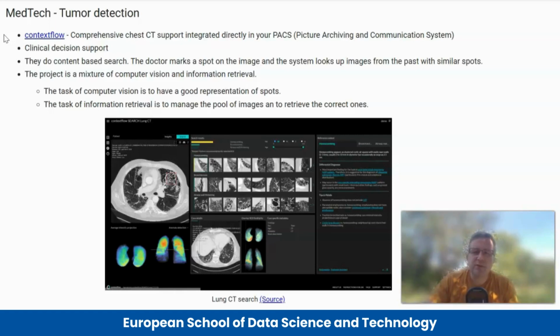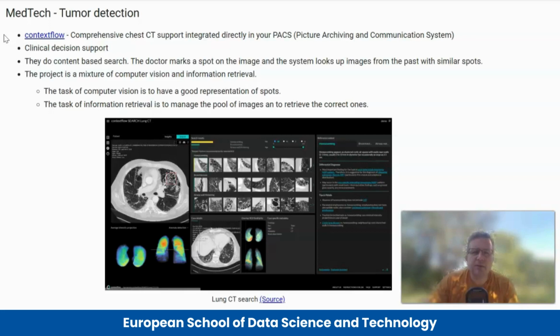He worked in the field of medical imaging, so he worked with CTs and X-rays, and these systems are called clinical decision support systems. You can imagine the system in a similar way as a web search.